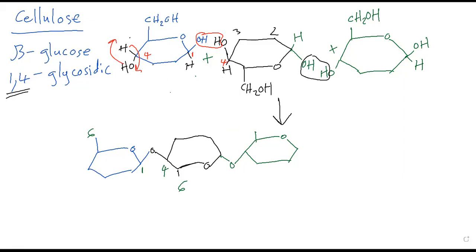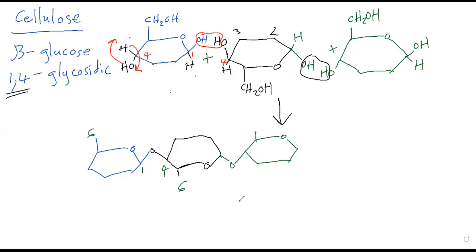All right. So you have to be able to draw this up here now. You don't have to have all the details, but you must be able to put on the OH groups on carbon 1 and 4 and show how you end up with this here. But I'm going to put on everything as I'm showing you how to do it.